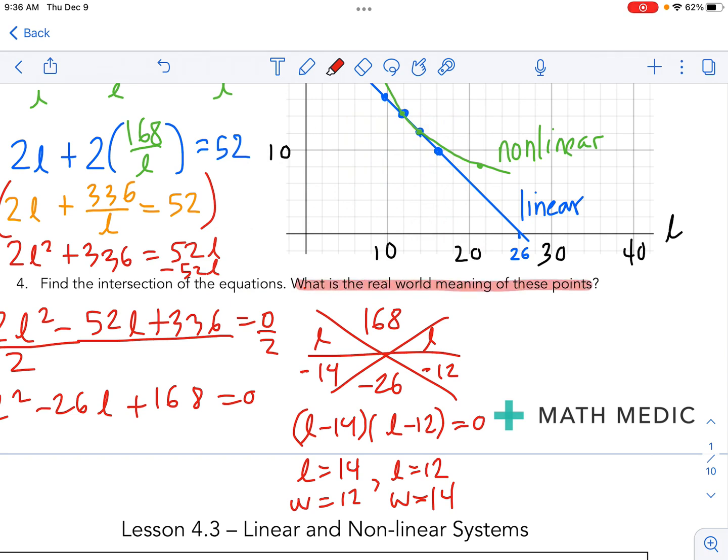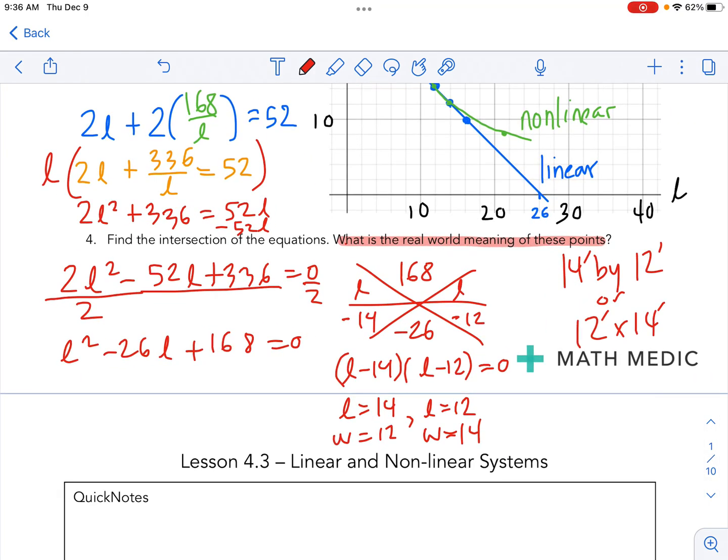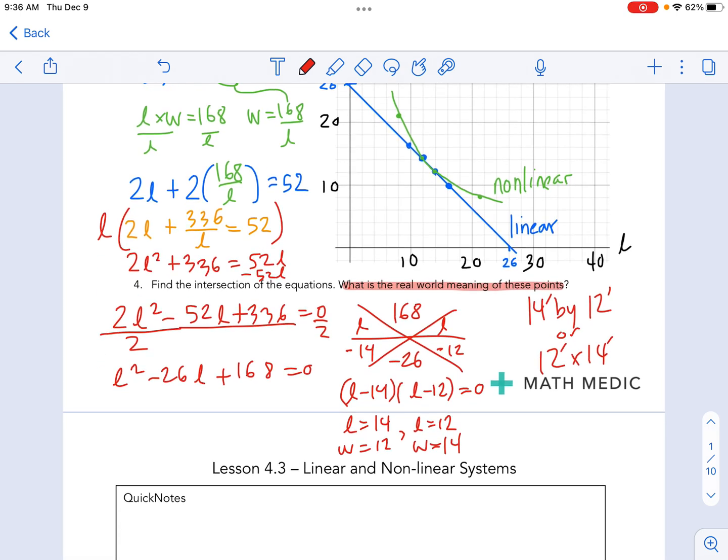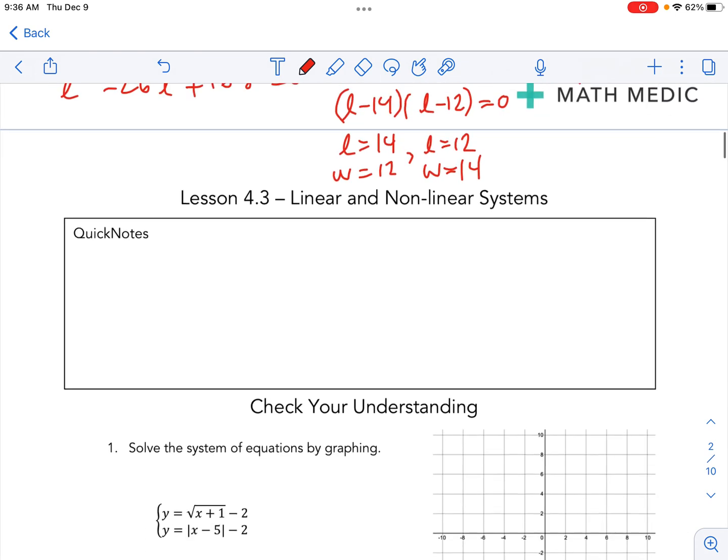The real-world meaning is that I could have a patio that's 14 by 12, or 12 by 14 feet. So with these systems, the algebraic solutions are a tad more complicated, but they're not too bad.